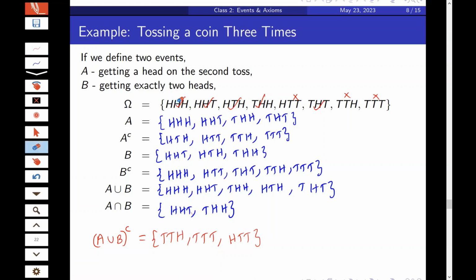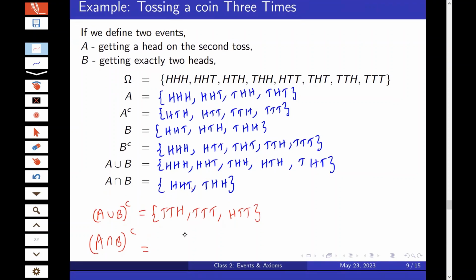Similarly, now find the items in A intersection B complement. A intersection B has these two items, HHT and THH.